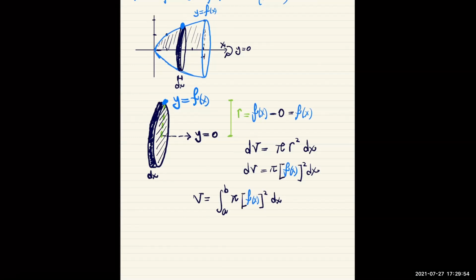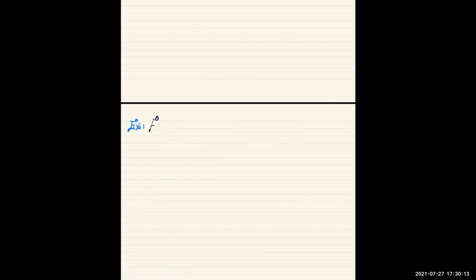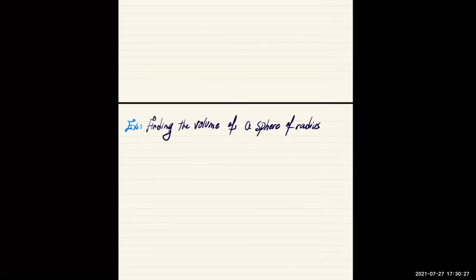So let's begin with the volume of a sphere. Finally, we can derive the volume of a sphere of radius, let's say radius is a.